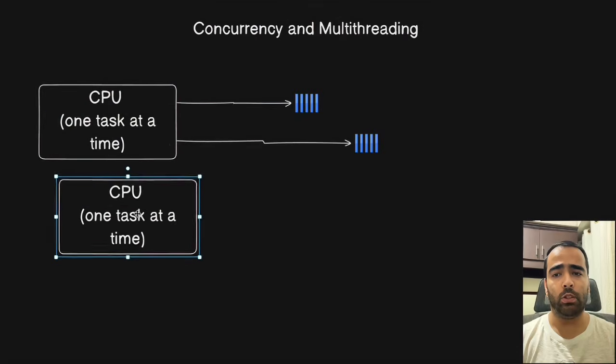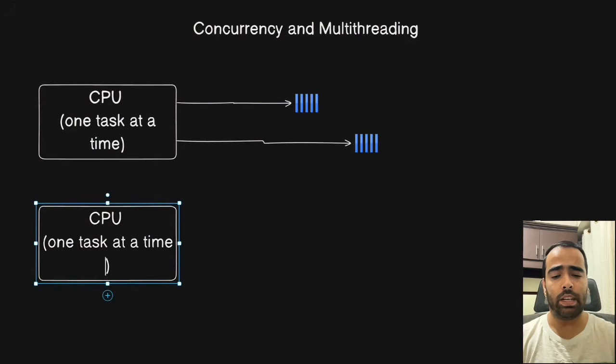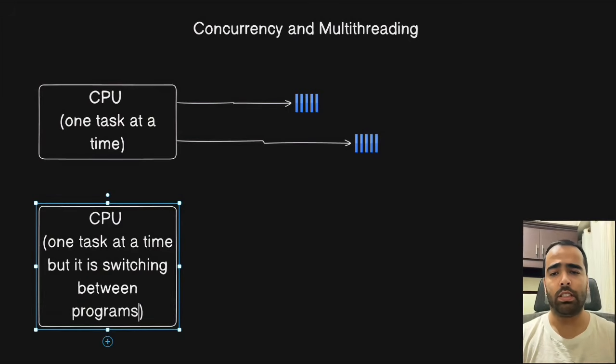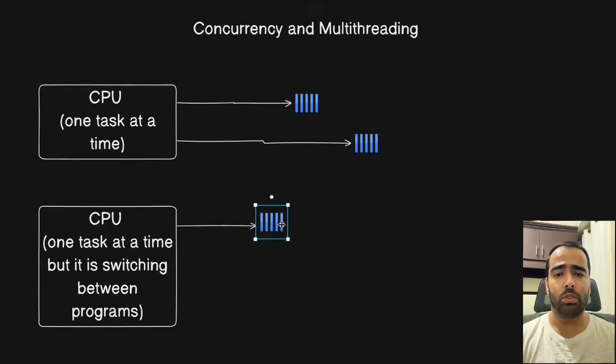Slowly we jumped into multitasking, where the CPU is handling one task at a time, but it is switching between applications, programs or tasks. The CPU will give some time to this task, and then it will give some time to that task.